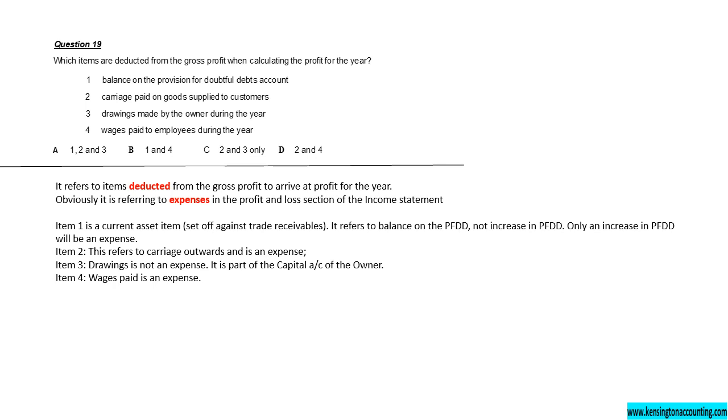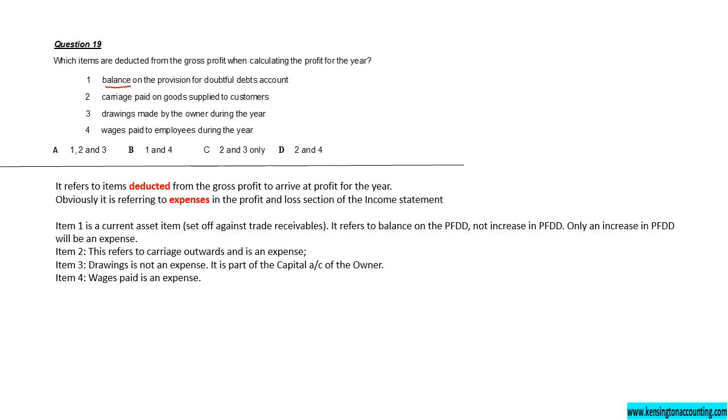Item 1 is a balance on the provision for doubtful debts. It is referring to the balance, not the increase. If it was an increase in the provision for doubtful debts, that would be considered an expense and a deduction from the gross profit, not the balance itself.